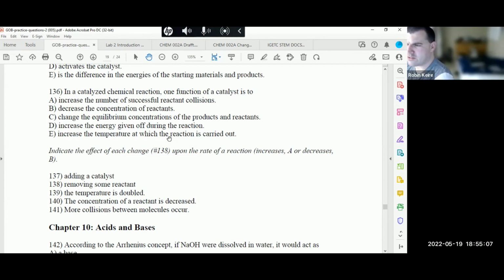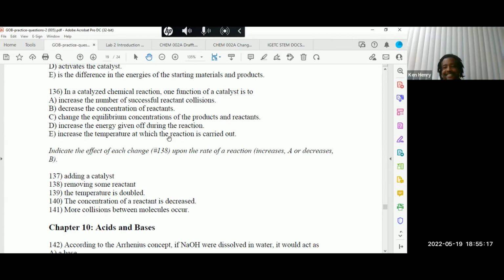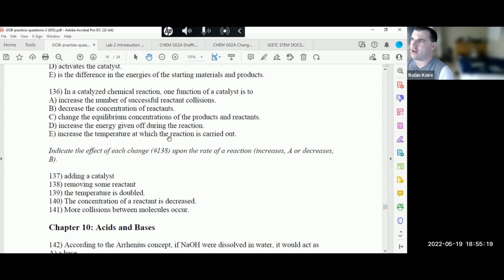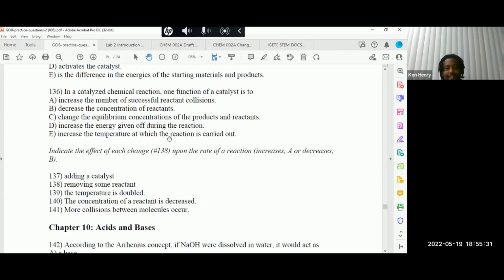And there's no way that a catalyst can increase the temperature. So I'm thinking for a reaction to occur, it needs to have enough kinetic energy, and the molecules need to bump into each other at the right angles. Yep. So the correct answer is A. Yes.